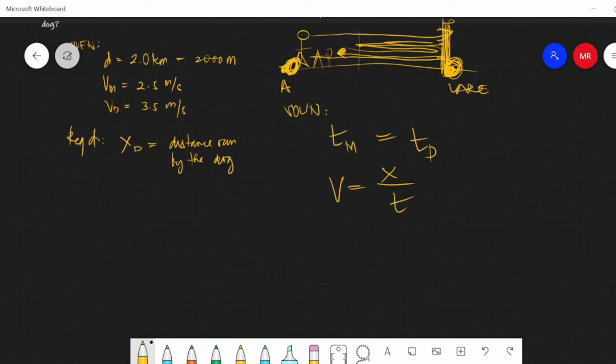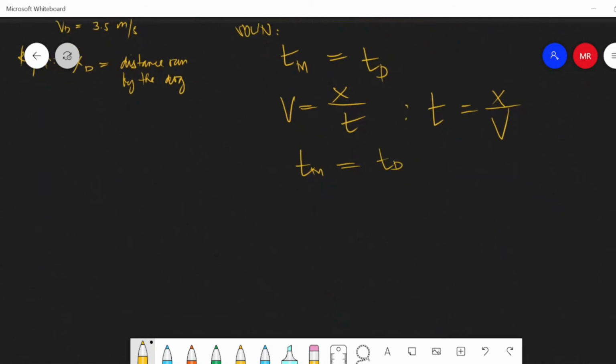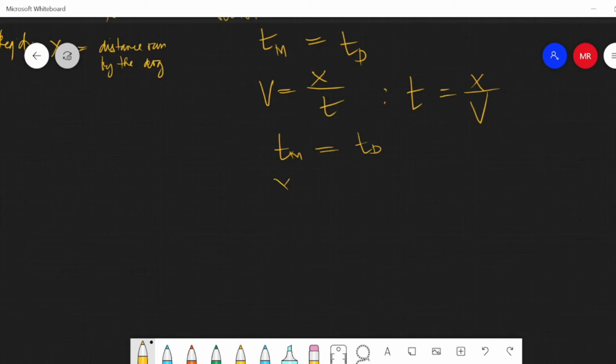Since the time is equal, t is equal to x over v. Therefore, the time of the man is equal to the time traveled by the dog. This will be equal also to the distance run by the man over the velocity of the man, equal to the distance run by the dog, which is the required, over the velocity of the dog.